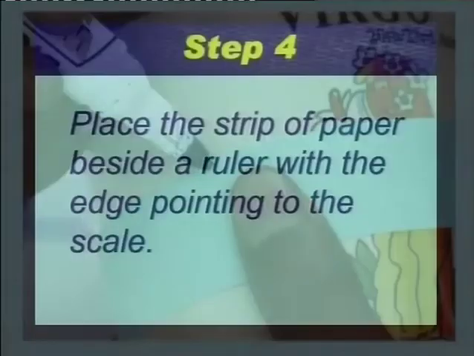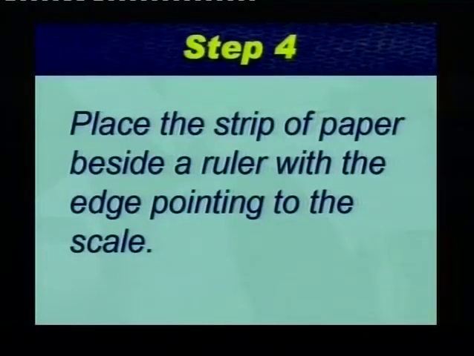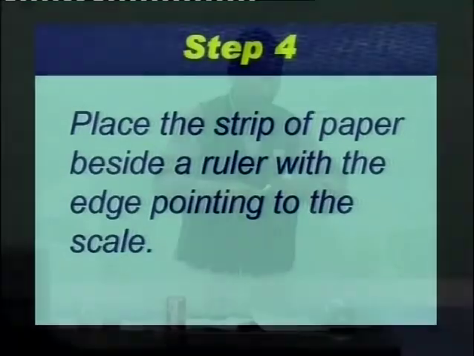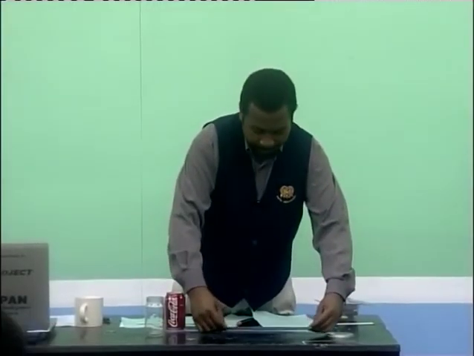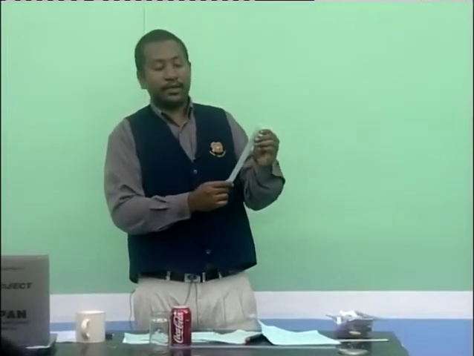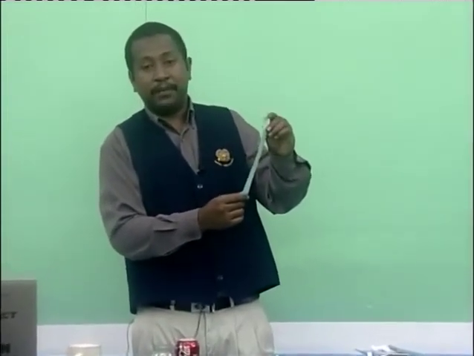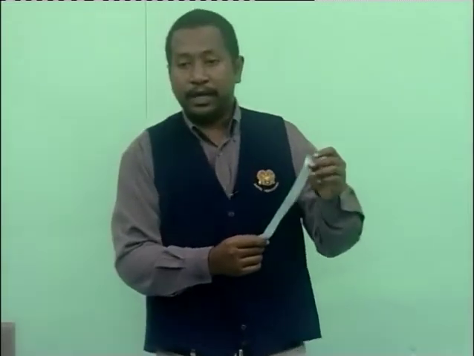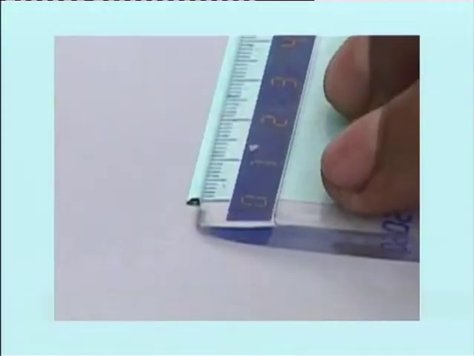Okay, finally, place the strip of paper beside a ruler with the edge pointing to the scale. Now place your ruler and you place the strip of paper next to the ruler. Make sure the edge of the strip of paper is pointing down towards the scale 0.